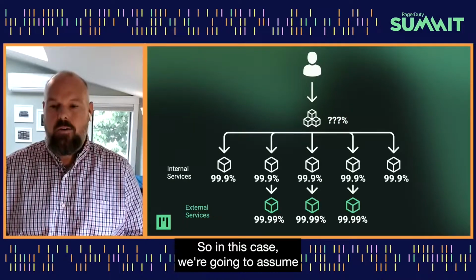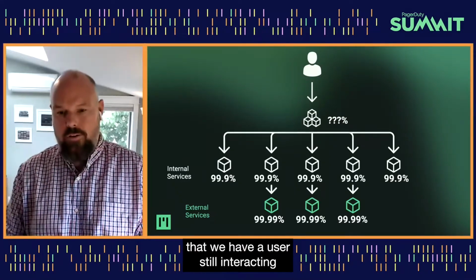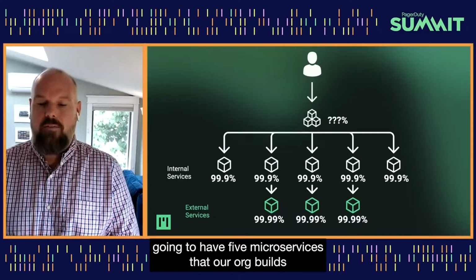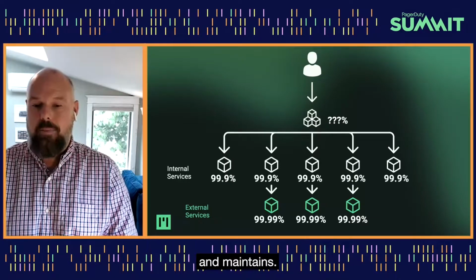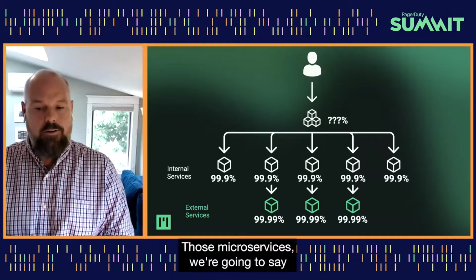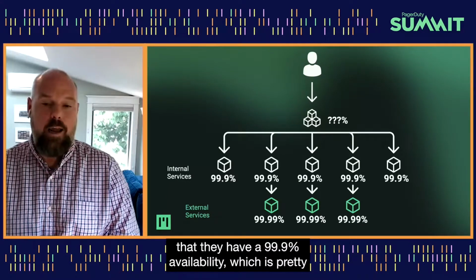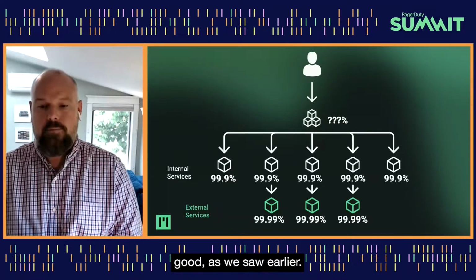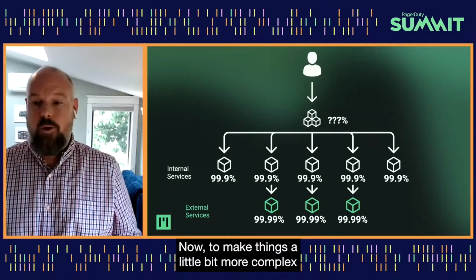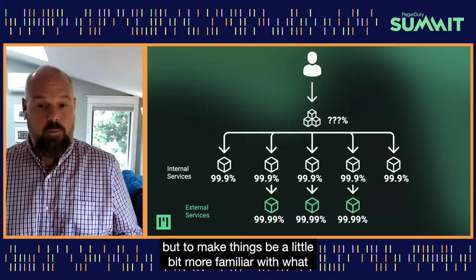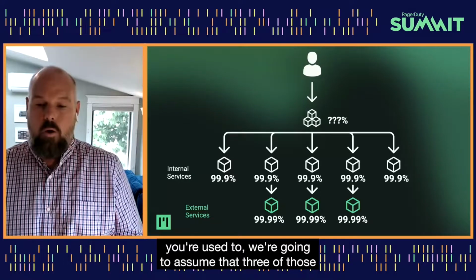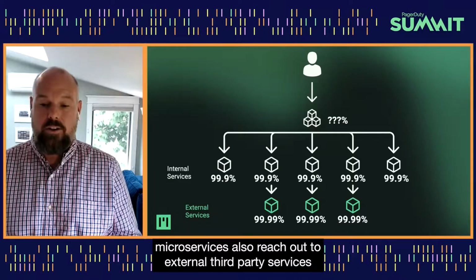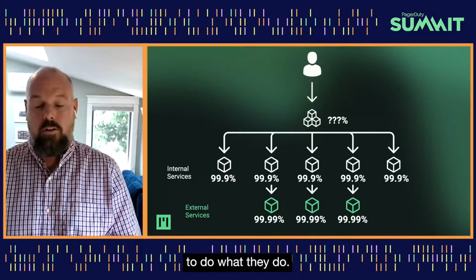So in this case, we're going to assume that we have a user still interacting with a single product, but now we're going to have 5 microservices that our org builds and maintains. Those microservices, we're going to say that they have a 99.9% availability, which is pretty good, as we saw earlier. Now, to make things a little bit more complex, but a little bit more familiar with what you're used to, we're going to assume that 3 of those microservices also reach out to external third-party services to do what they do.